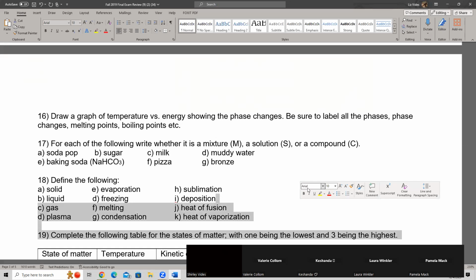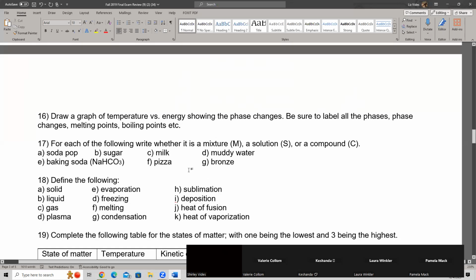All right. Now, the next one, it says for each of the following, whether it's a mixture, solution, or a compound. Soda pop, that's a solution, right? Baking soda, that's a compound. Sugar is a compound. Milk, that is a mixture because it is heterogeneous.